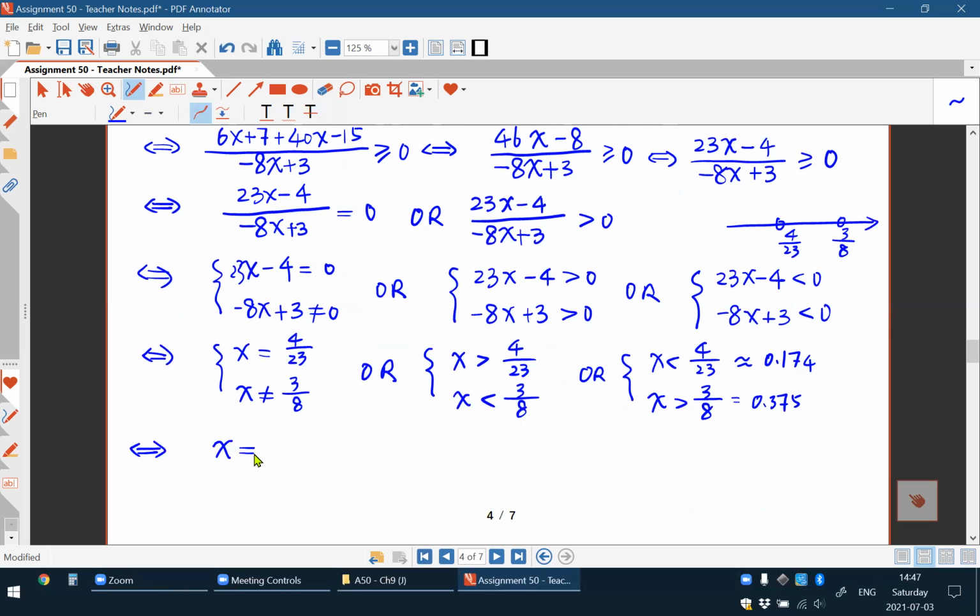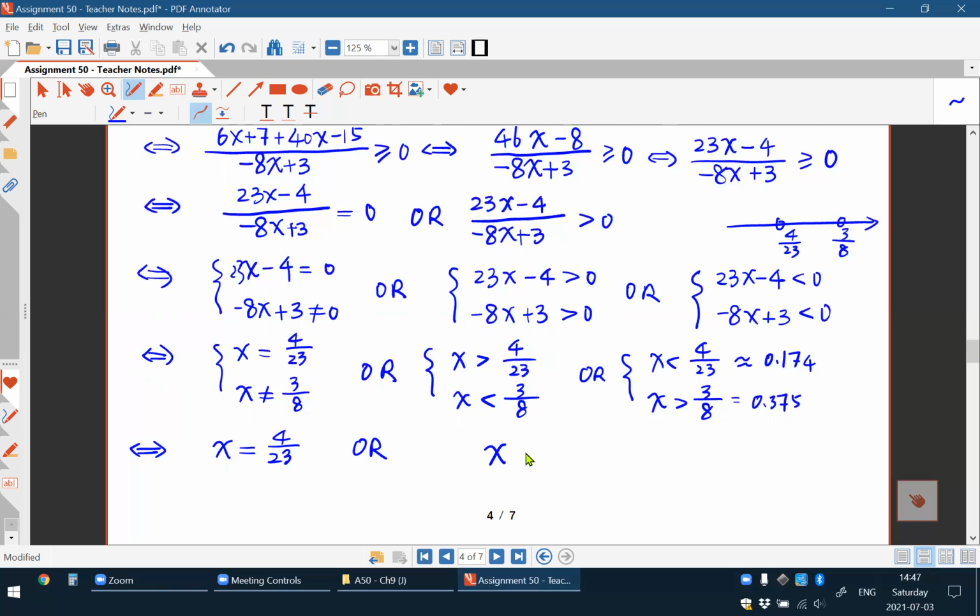First of all, x should be equal to 4 over 23. If x is 4 over 23, of course, x is not 3 over 8, so we don't need to write this again, right? Or x is larger than 4 over 23 and smaller than 3 over 8, according to the diagram here.